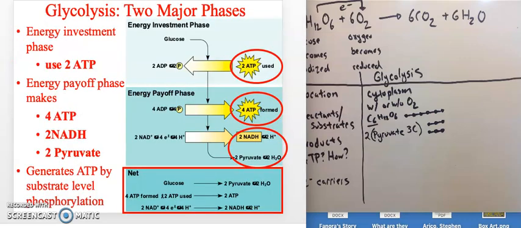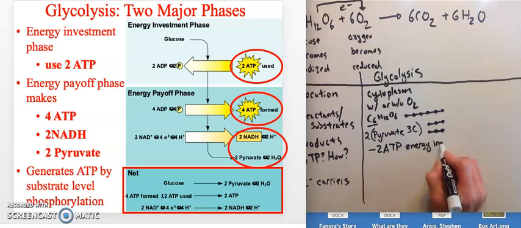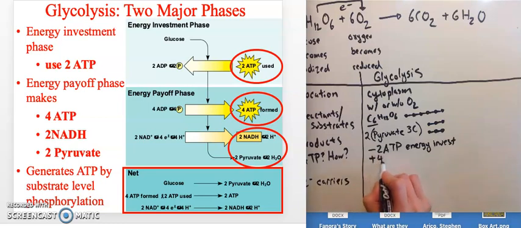To get glycolysis started, our cells actually have to use some energy to start this process. So we actually have to burn 2 ATP to start glycolysis. This step is called the energy investment stage. But in subsequent steps, we actually make ATP.